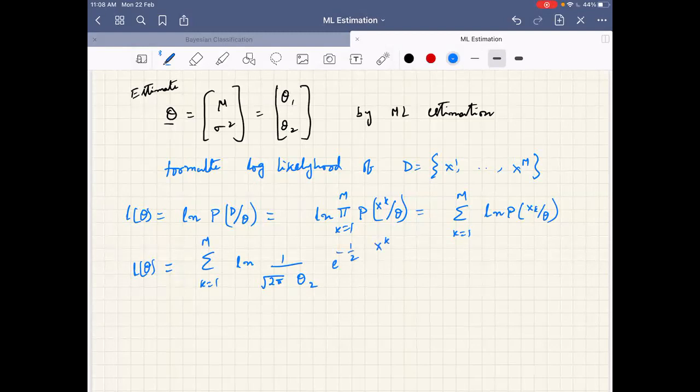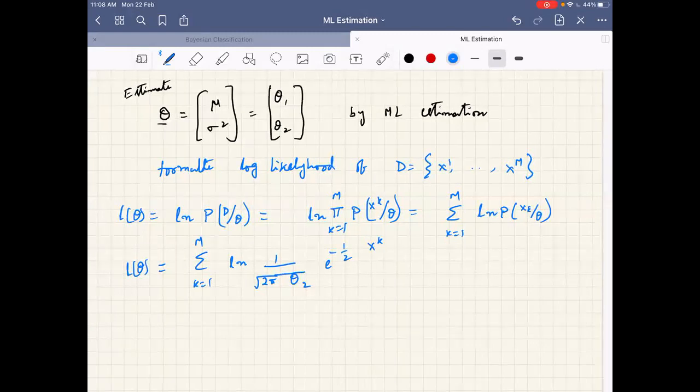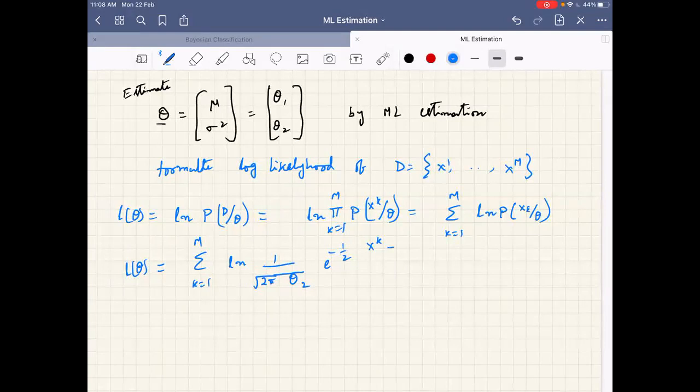The square root of theta 2. Yes, I should have a square root of theta 2. Correct. And then xk. Tell me now, what should I write here? xk minus theta 1, whole square, divided by theta 2. The square is only here. So this is what I just wrote, the likelihood in terms of theta 1 and theta 2, which I want to find out.